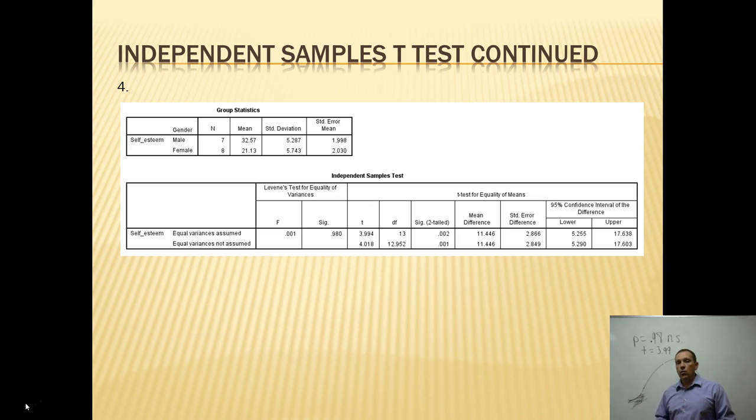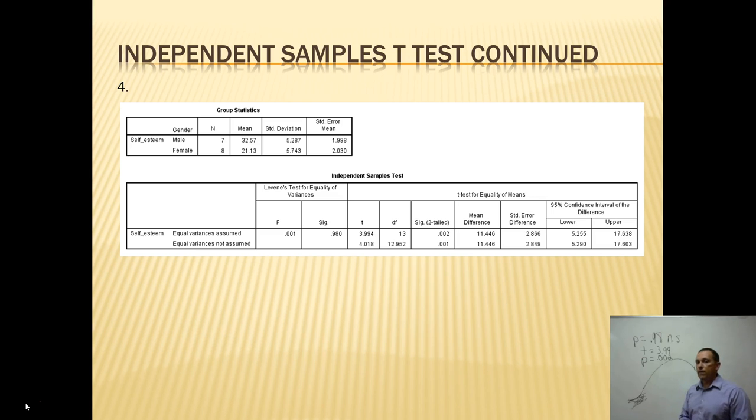Follow on over, we know that our degrees of freedom are 13, which we calculated just a little bit ago. And now we see this significance two-tailed, which we know is our p observed value. In this case, what is our p value? It is 0.002. Okay, that's pretty tiny p value, right?